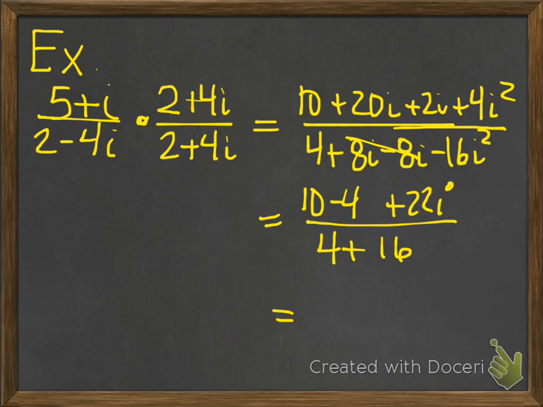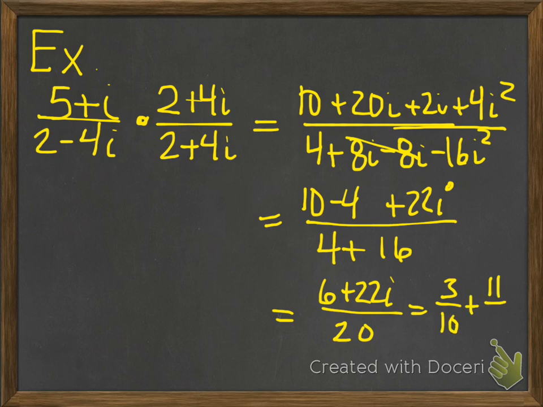Now combine my like terms. I end up with 6 plus 22i over 20, because 10 minus 4 was 6, and 4 plus 16 was 20. When I simplify, because every number is divisible by 2, I end up with 3 over 10 and 11 over 10i.